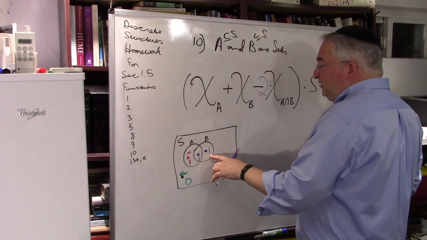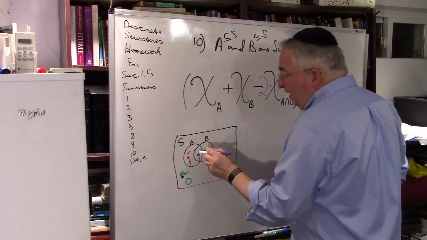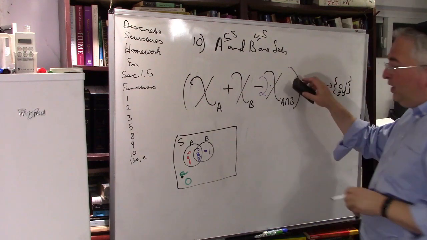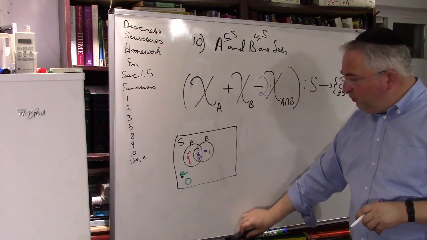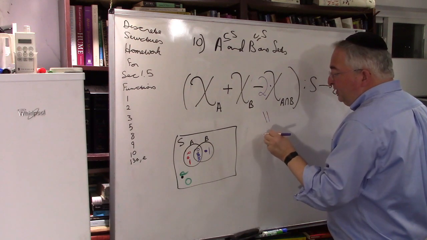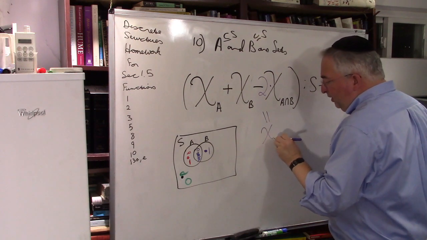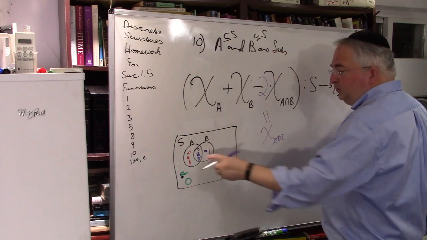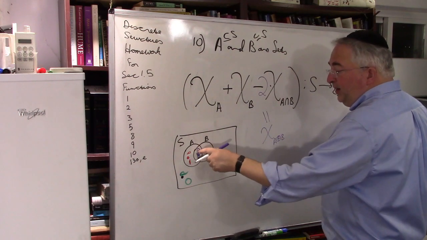Here, it's also going to output a 1. Here, it's going to output a 0, because you subtract twice the middle thing. So this function is the characteristic function of A plus B, those things in here or in here, but not in both.